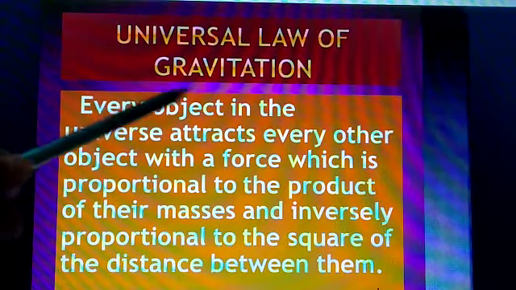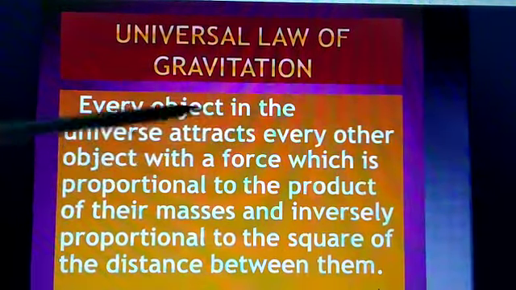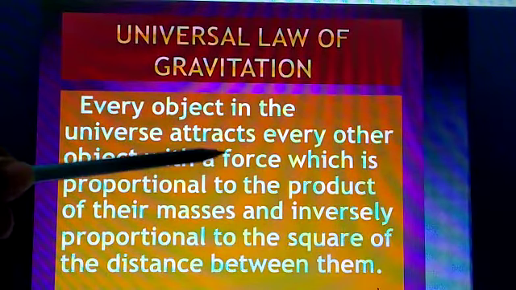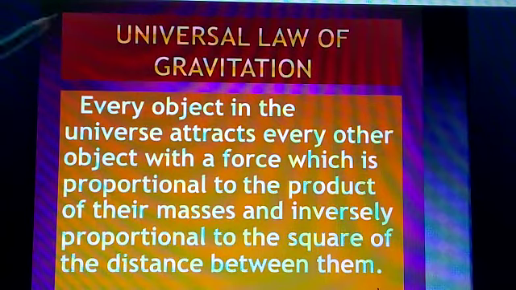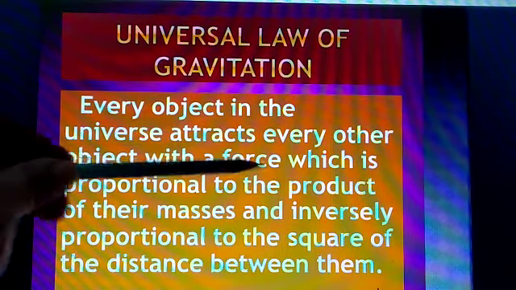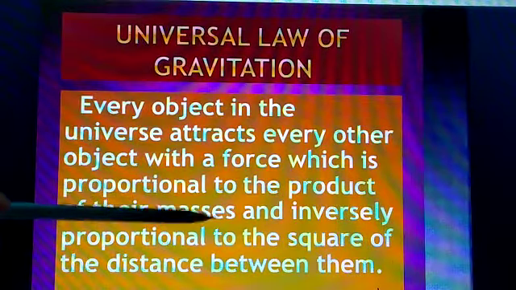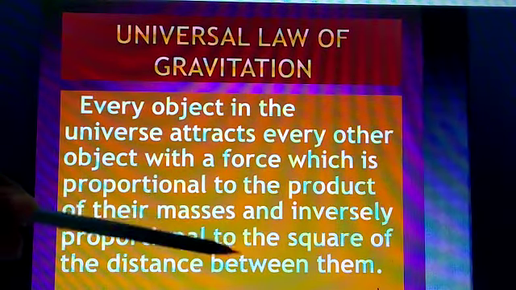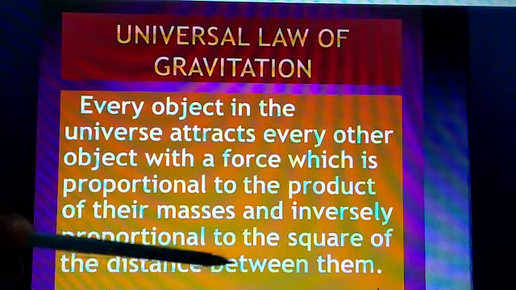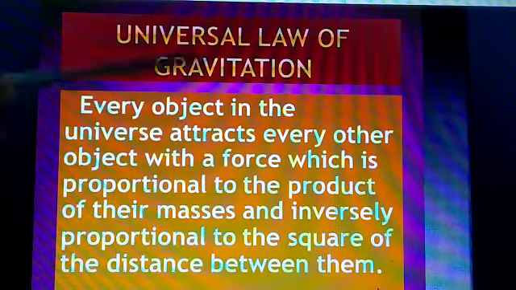That is, every object in the universe attracts every other object with a force, and that force is proportional, directly proportional to the product of their masses and inversely proportional to the square of the distance between them. It is the universal law of gravitation.